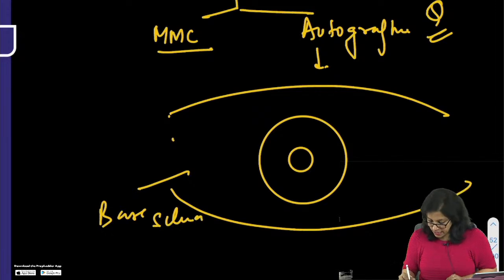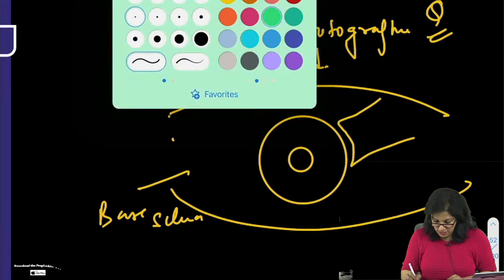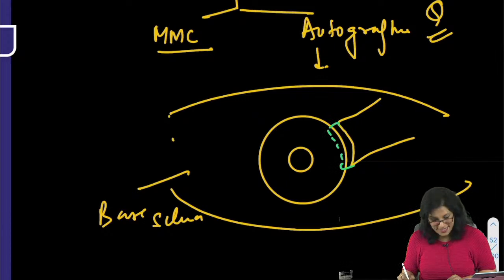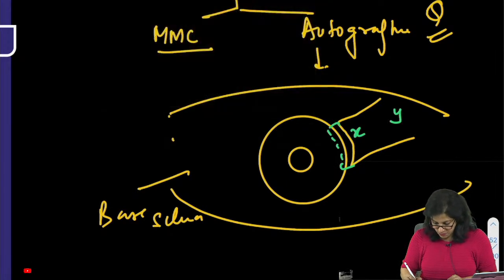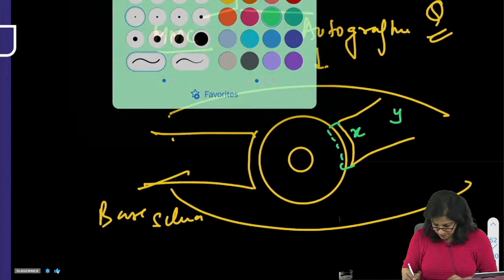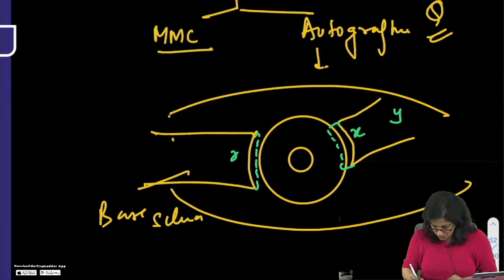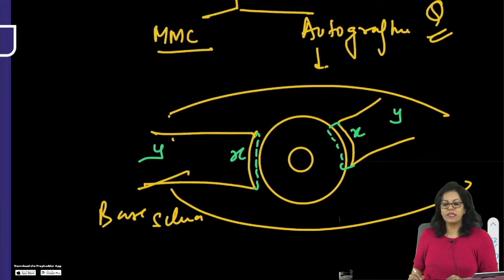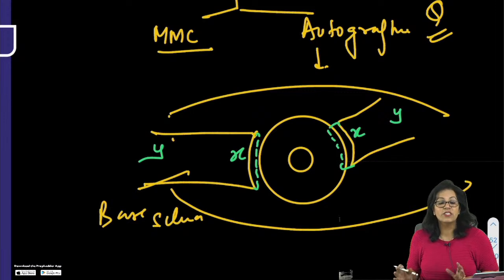So, from the same eye, I cut a block of conjunctiva, I dissect further to include the limbal stem cells. If this is the X side and Y side of the graft, I have to be careful that after resecting the pterygium, I put the graft like this so that my limbal stem cells are transferred. So, this should be the X and this should be the Y. We have to be careful about this one. This is what is autografting.